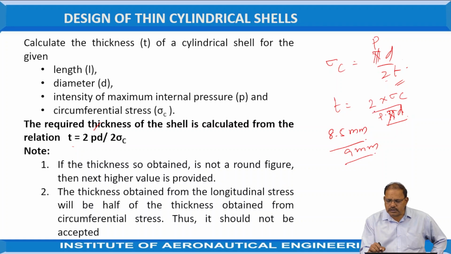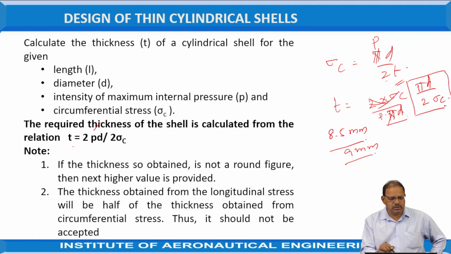So the thickness is equal to PD divided by 2 into sigma C. This relation we have to use.